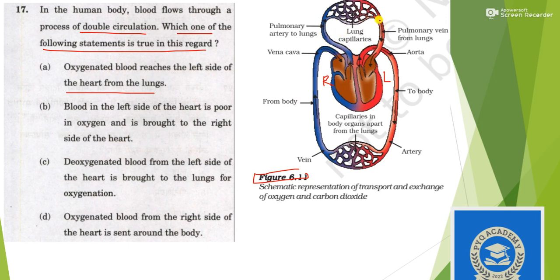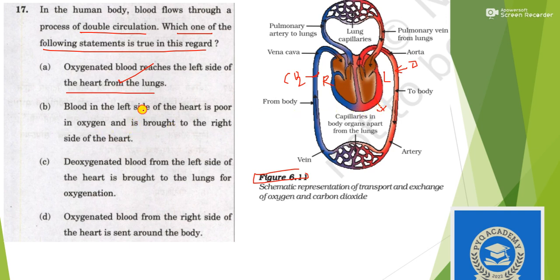Yes, this is the oxygenated blood and it reaches the left side of the heart from the lungs. Red is the oxygenated one, and the one containing CO2 is the deoxygenated one. So yes, the statement is true. In the next statement, blood in the left side of the heart is poor in oxygen. No, this is not poor in oxygen, it is rich in oxygen.